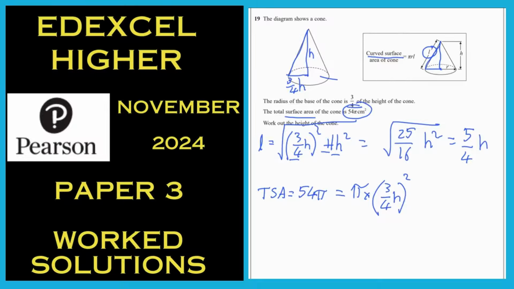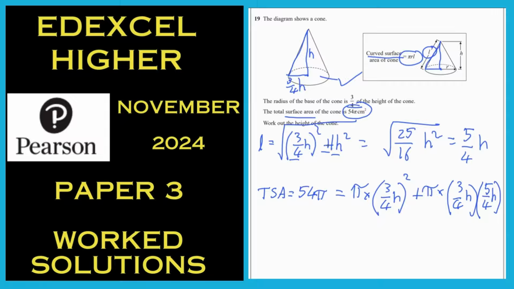So that is my base, pi times the radius squared, added to the rest of the cone. That's the curved surface area of the cone. There's your formula. Pi times r, which is the radius, times the 5/4 h there.